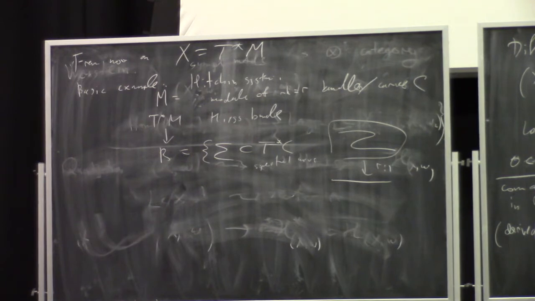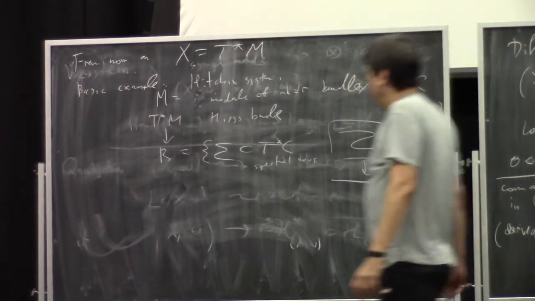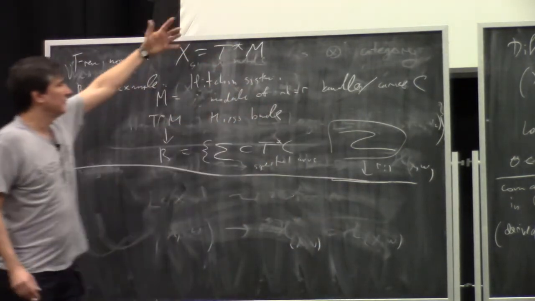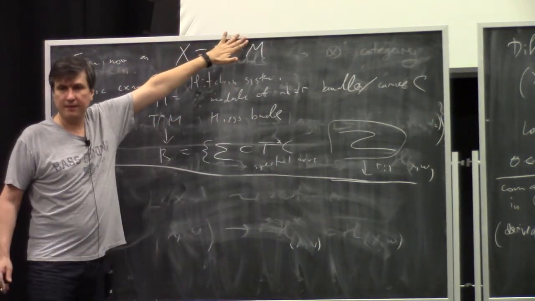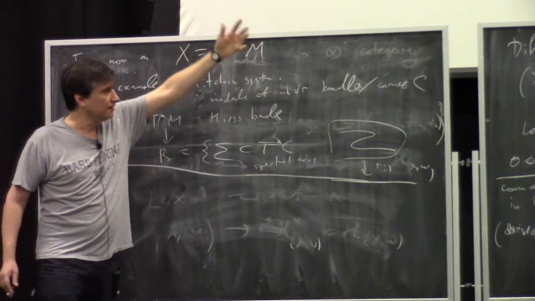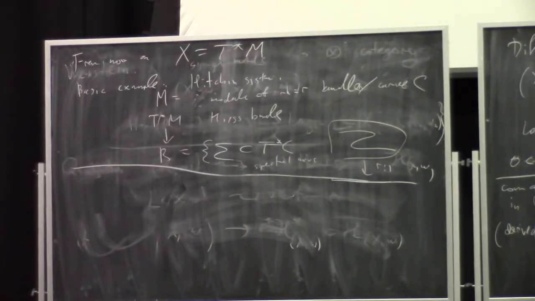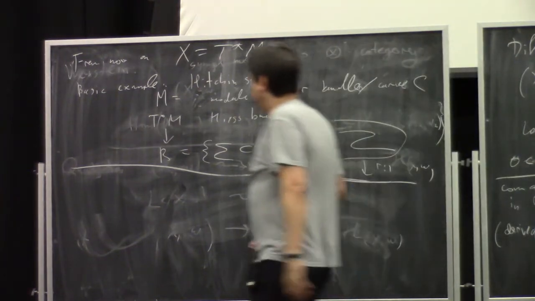So we get such a thing. And in this situation, what will be this quantization functor? How do we go from symplectic manifolds, like the cotangent bundle, to something linear like a vector space or additive category?